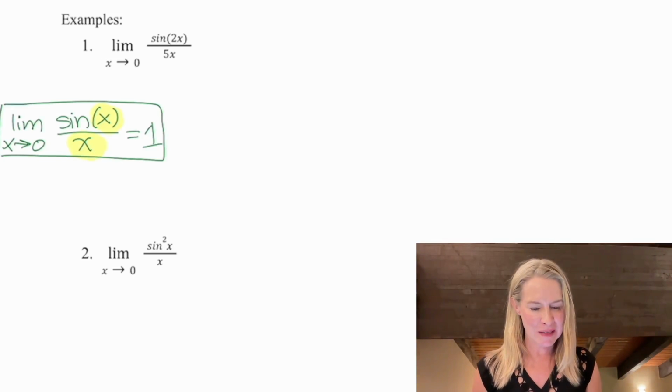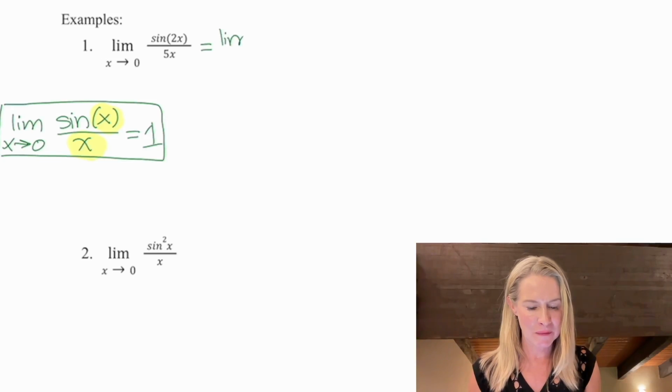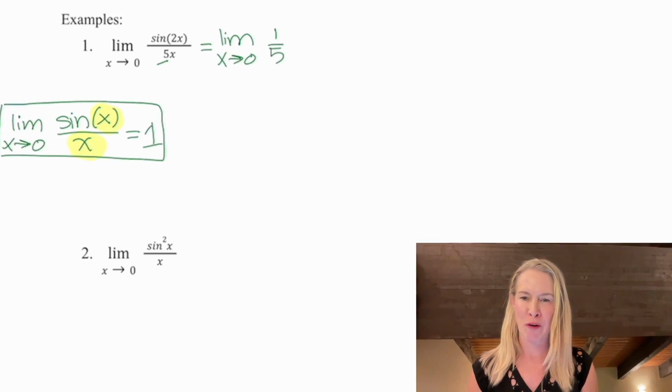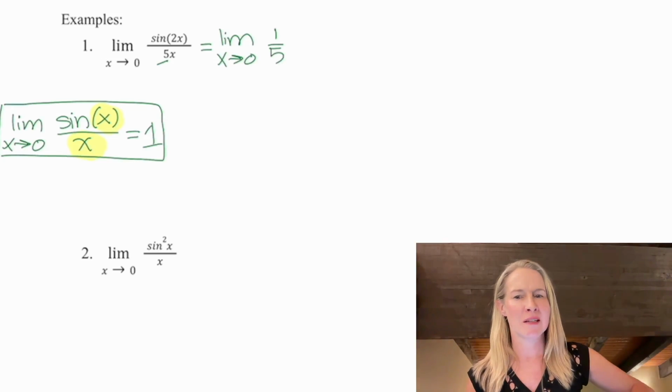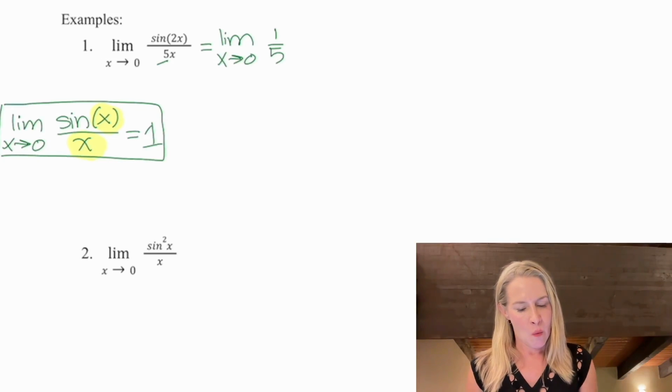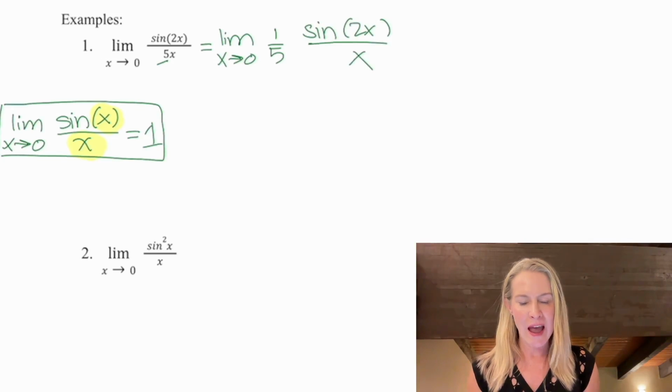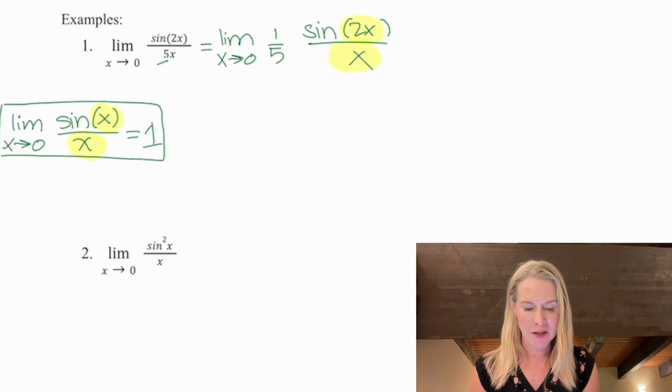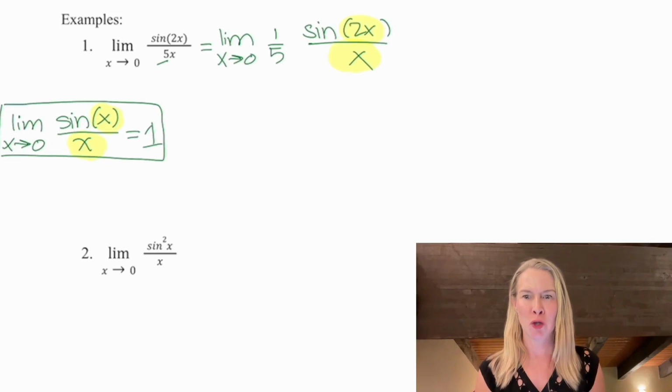So when we're looking at this limit, limit as x goes to 0, I'm going to take this 5 and just pull it out in front. It's a constant, just slide it to the side for a minute. We have sine of 2x over x. In order to make the angle match the denominator, I need a 2 down there. So what we can do is multiply by 1 in the form of 2 over 2.